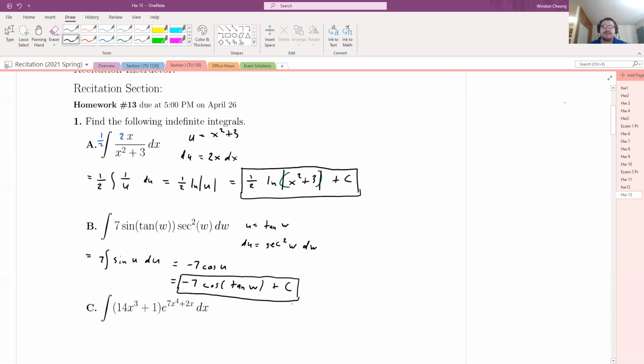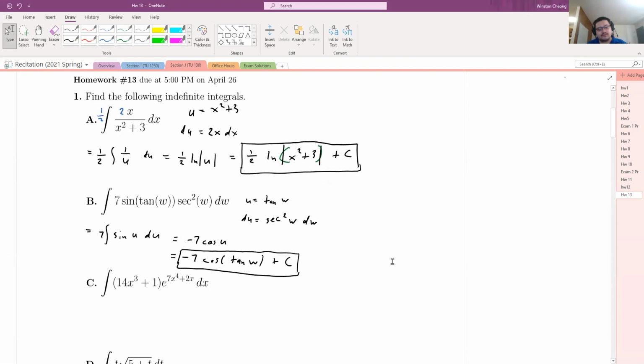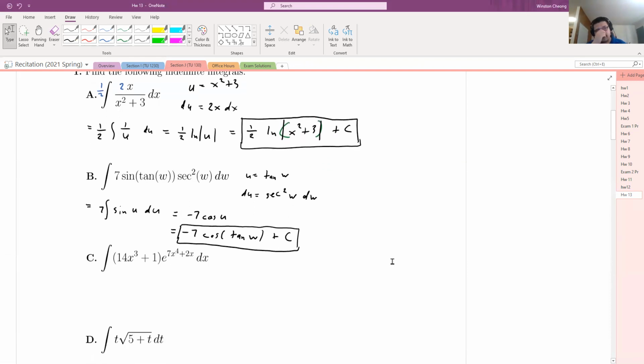Okay, does it make sense now that I've told you what the u is, the whole process? Okay, good, great. All right, so now for C, it's similar. u is going to be something, du is going to be something.